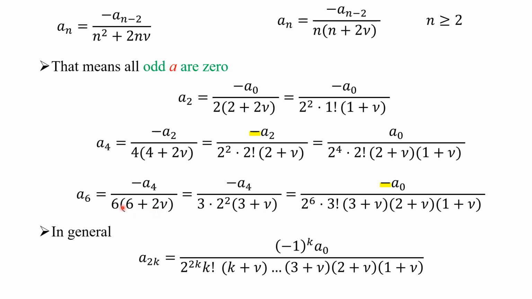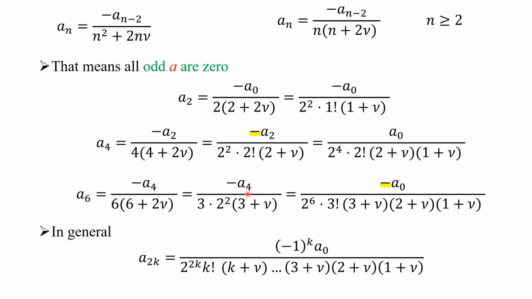So 6 I am writing as 3 into 2. Here one 2 I am taking out from the bracket. Then inside the bracket you will get 3 plus ν, because I am already taking 2 outside, and also I am writing 6 as 3 into 2. So this 2 and this 2 will become 2 squared.